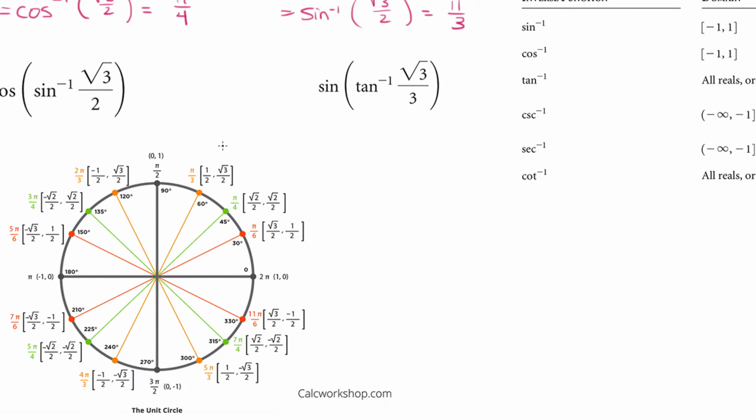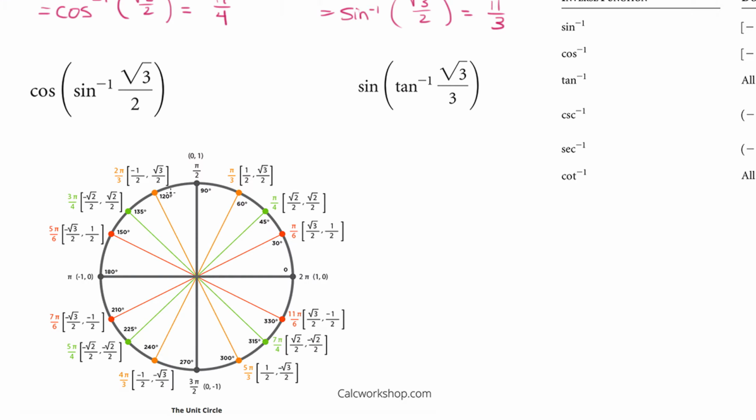So what would it correspond to? Sine inverse of radical 3 over 2 is going to be pi over 3, right? Because it's the angle between negative pi over 2 and pi over 2. So this becomes cosine of pi over 3. Well, what is cosine of pi over 3? It's 1/2.